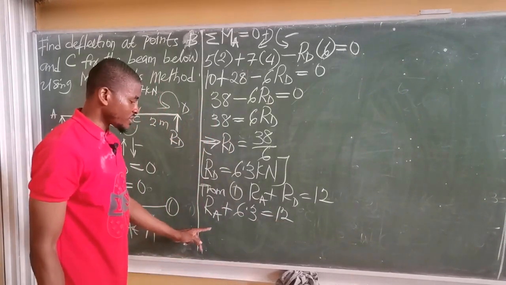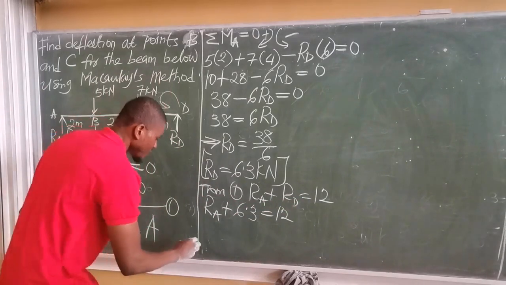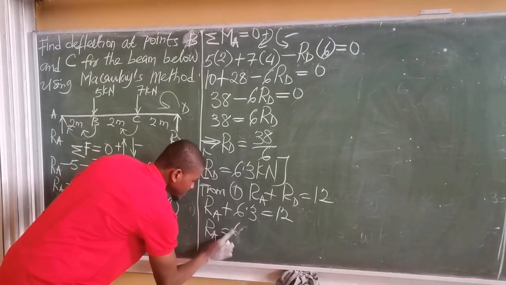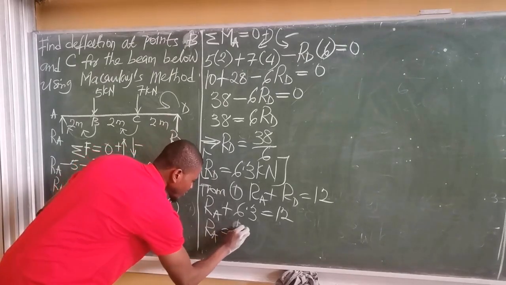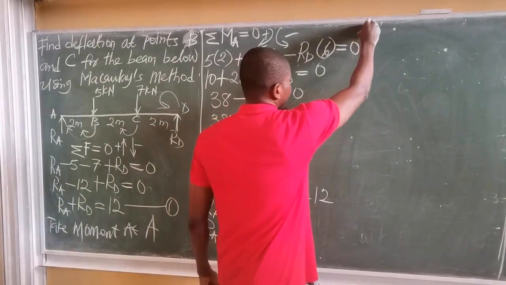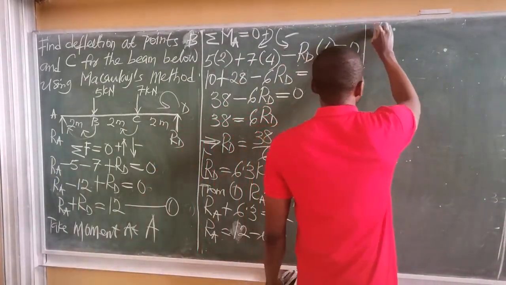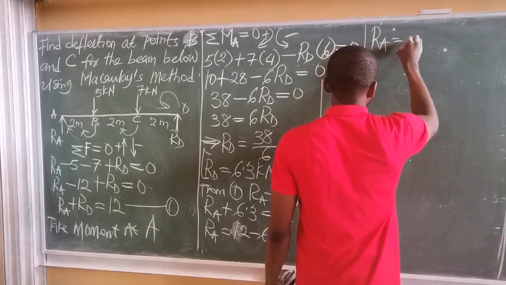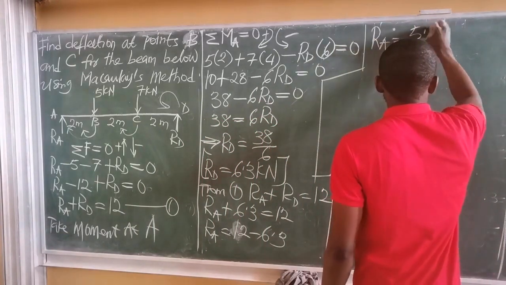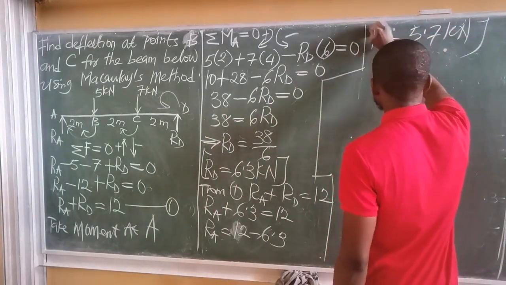To make Ra the subject, we send 6.3 over to the other side of the equation. So Ra becomes 12 minus 6.3, and Ra is simply equal to 5.7. So we have 5.7 kilonewtons. This becomes the reaction at point A.